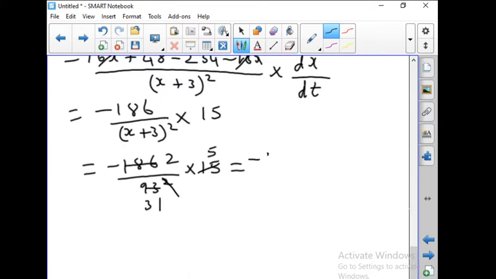So you get minus 10 by 31, and when you divide, it is approximately 0.32 rupees per week.